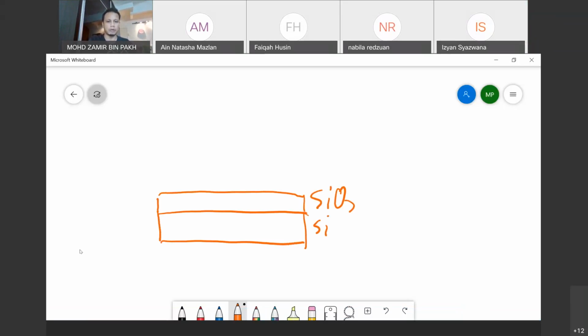But can you do that without having to pattern the resist? What do you think? Will it be possible to do that? Jenny?